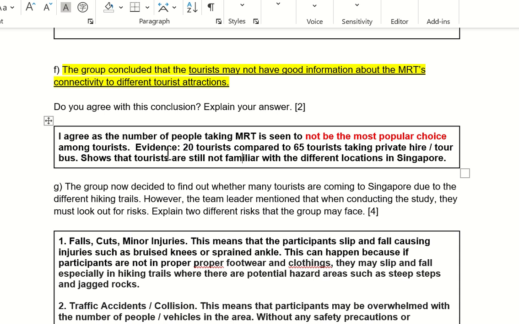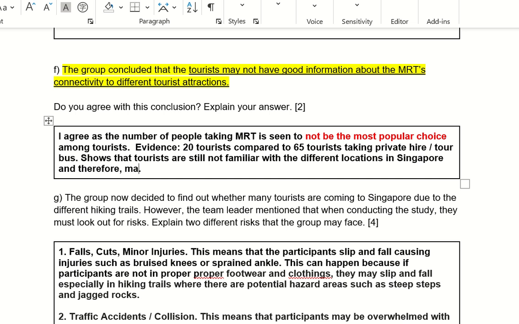I just copy the evidence and then I give the explanation. It shows that tourists are still not familiar with the different locations in Singapore and therefore may want to hire a tour guide to the various tourist sites.